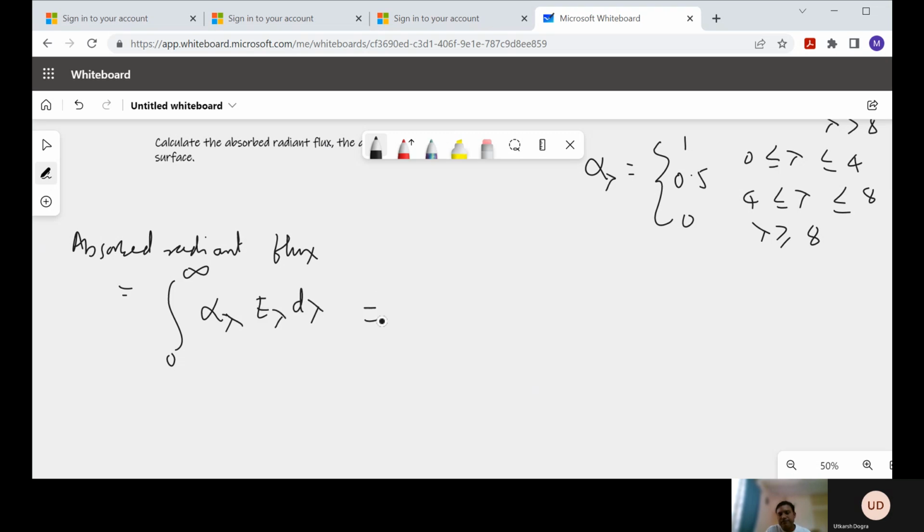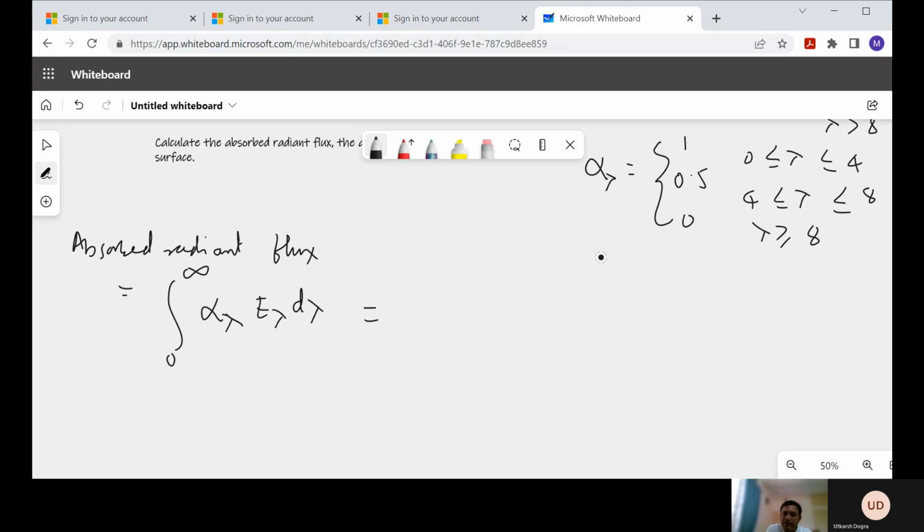Do you agree with me? So we will have absorptivity multiplied by the total emissive power, and we are finding out with respect to a particular wavelength, that will give me the absorbed radiant flux.